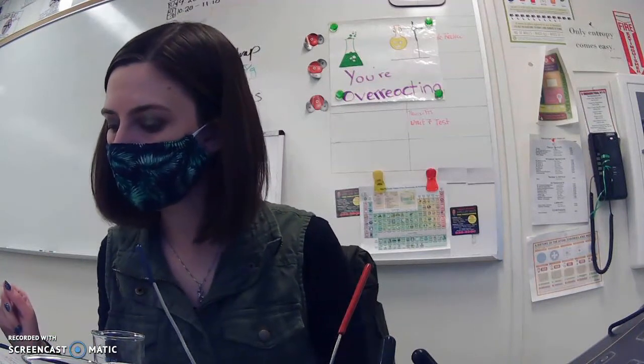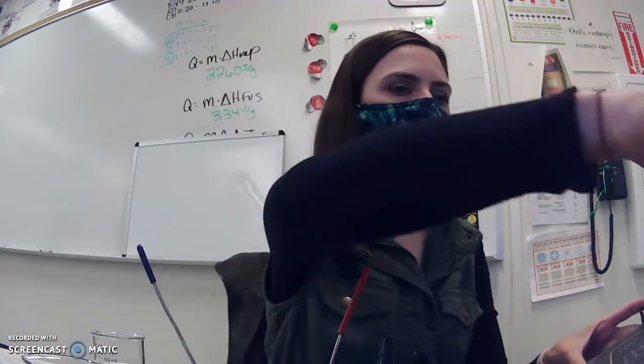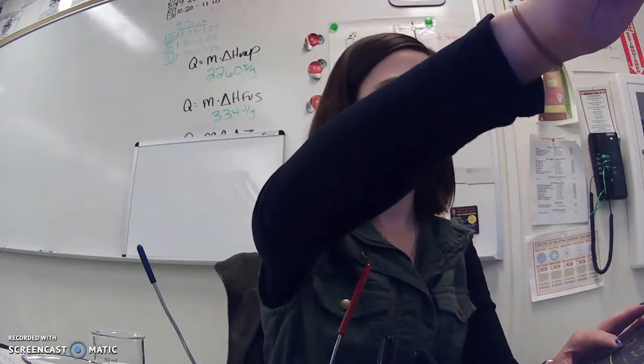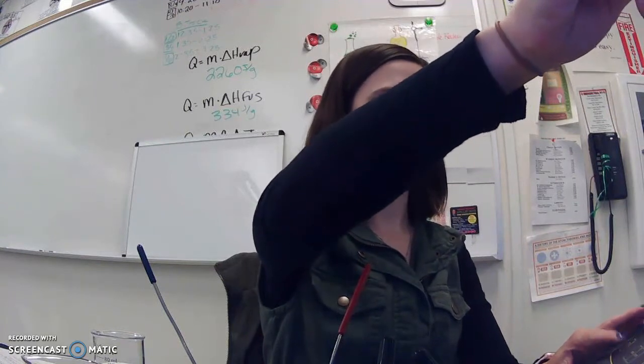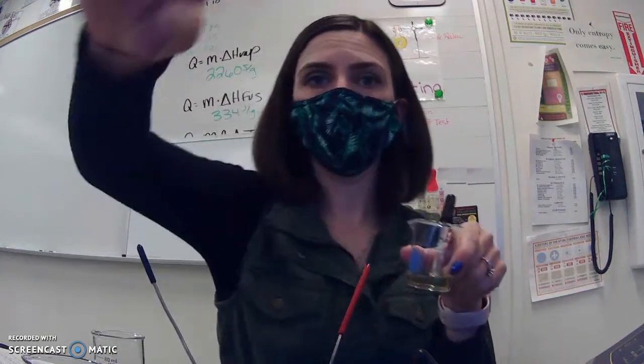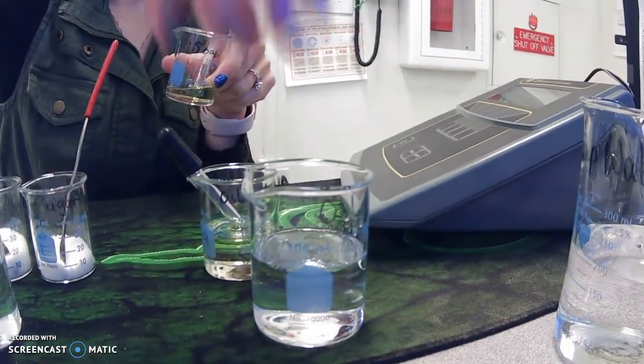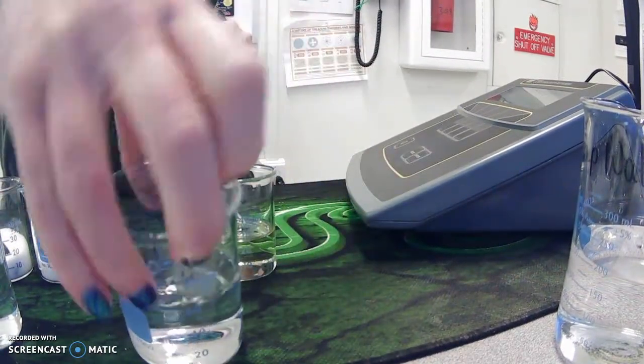Now we're going to look back at the oil and water. Have any changes occurred? We're going to add a few squirts of soap and see what happens. So here is our soap, and we have our oil now.